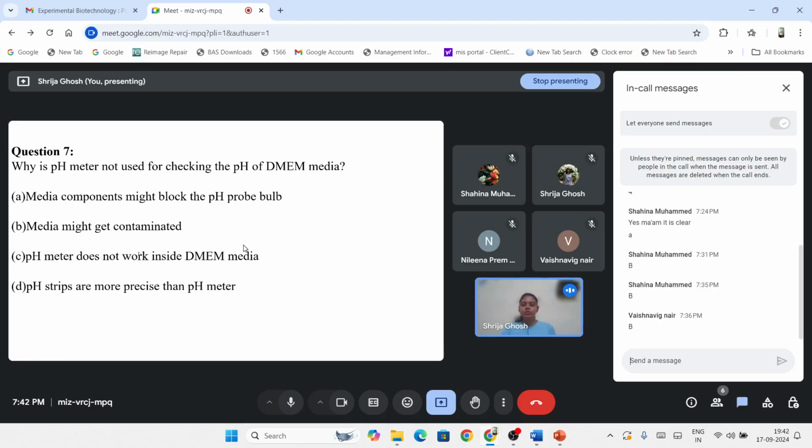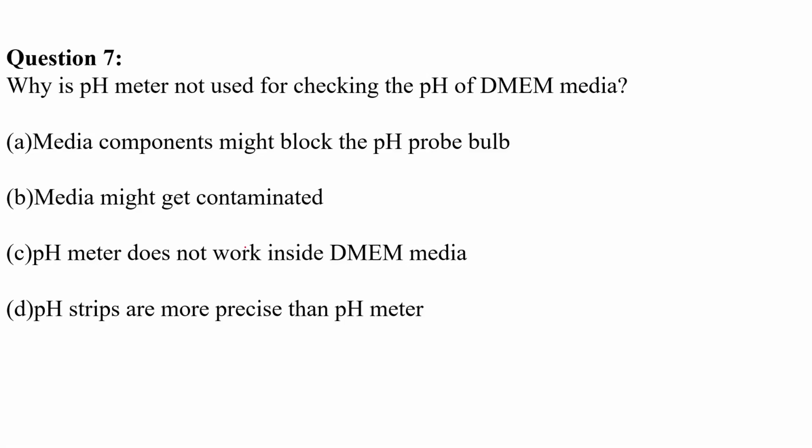Moving on to the next question now, question number 7. Why is pH meter not used for checking the pH of DMEM media? Option A, media components might block the pH probe bulb. Option B, media might get contaminated. Option C, pH meter does not work inside DMEM media.